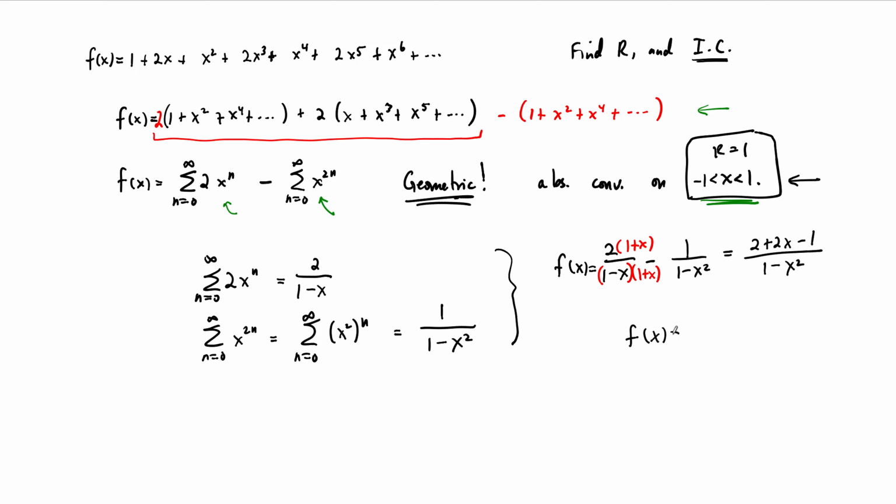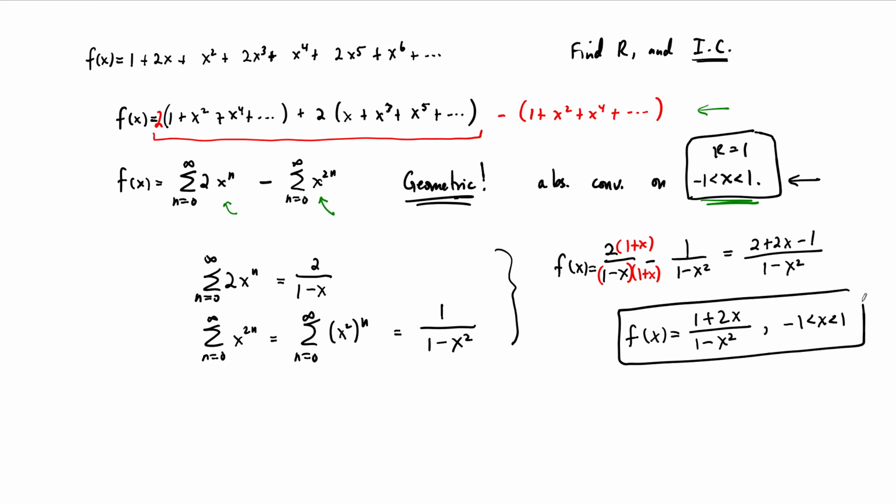So the function whose power series has these alternating 1, 2, 1, 2 coefficients is given by the function 1 plus 2x over 1 minus x squared, not everywhere, right? Only on this domain. So x is strictly between negative 1 and 1.